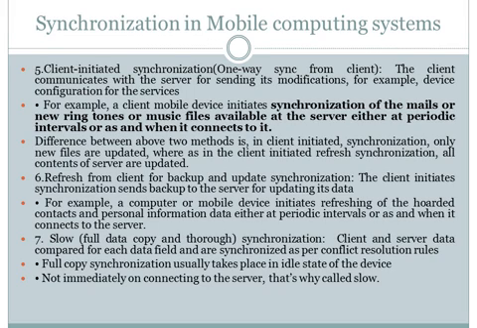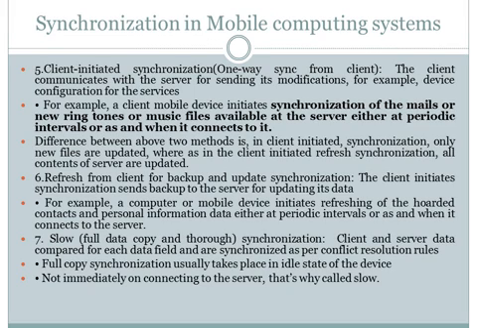An example of data that could be backed up is the computer or the mobile device sending its hoarded contact and personal information, the information stored at its local database, either at periodic intervals or immediately as and when it connects to the server.